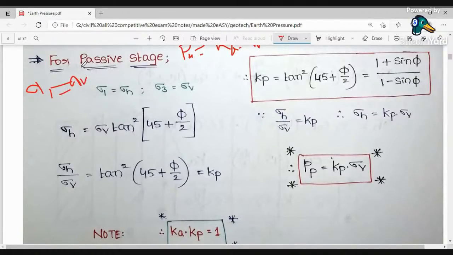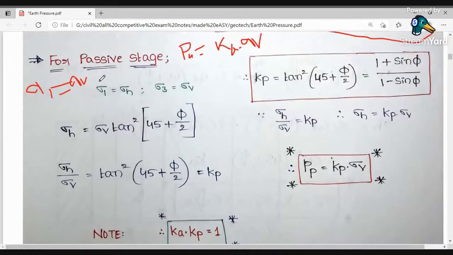But here, in case of passive, since the wall is moved towards the soil, the horizontal force is more as compared to vertical force. That's why horizontal stress is basically sigma 1, that is major stress is sigma h, and minor stress is sigma v. Try to remember this. In case of active earth pressure, the major stress is vertical stress, and the minor stress is the horizontal stress, right?